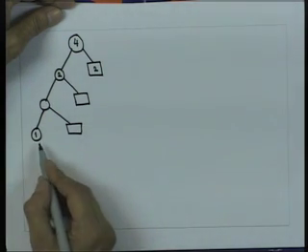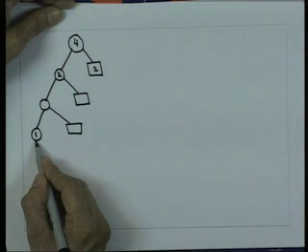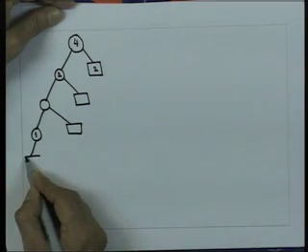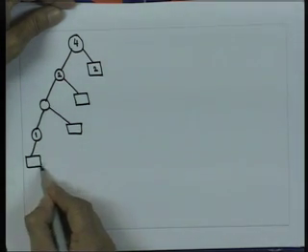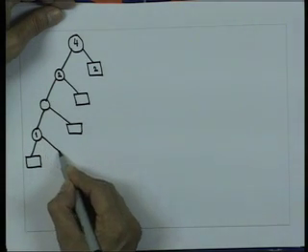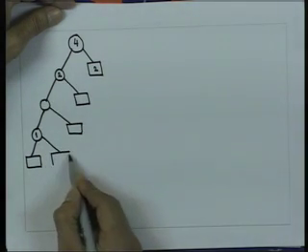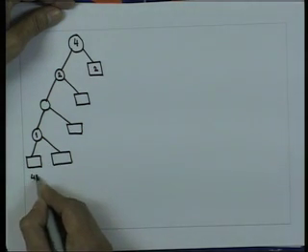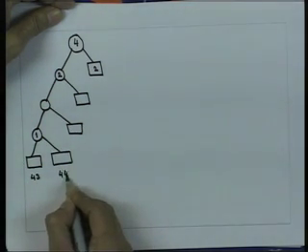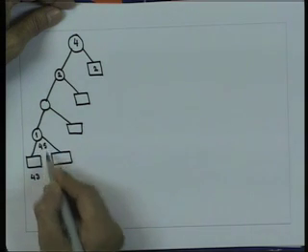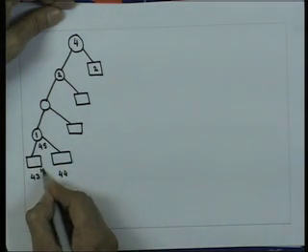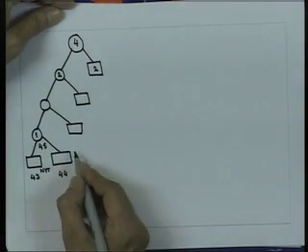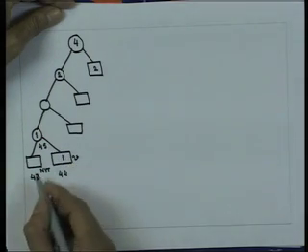So, this node now will give rise to a new NYT and a terminal node for V. So, I will have the numbering as 43, 44, 45. This is my NYT. This node corresponds to V with the weight 1.